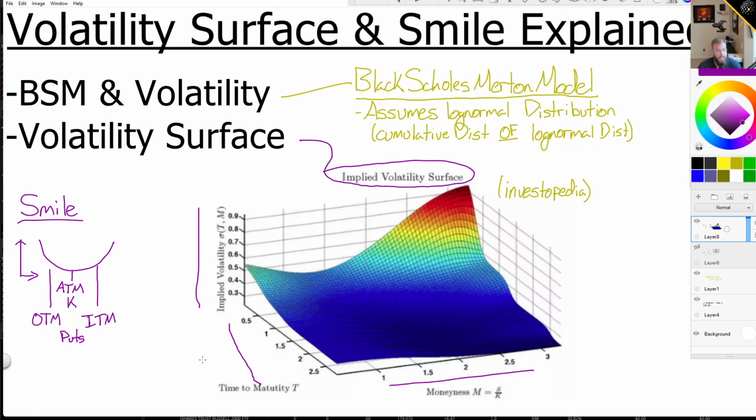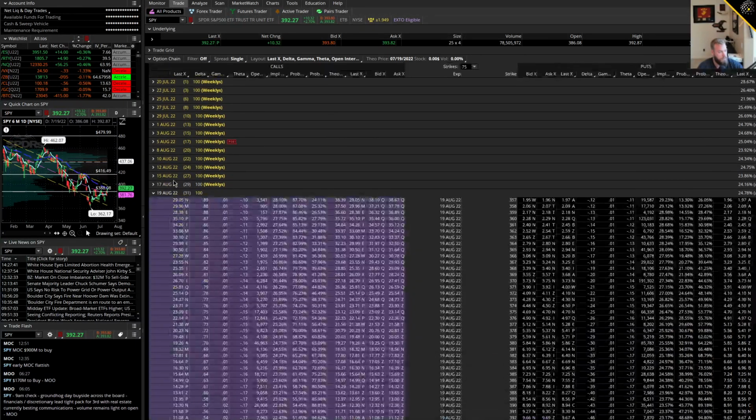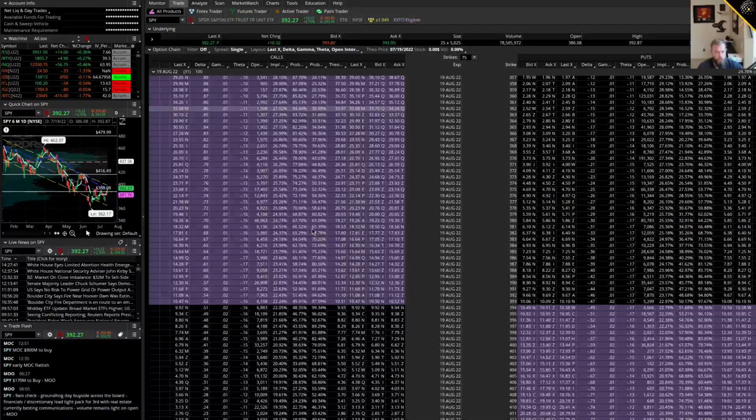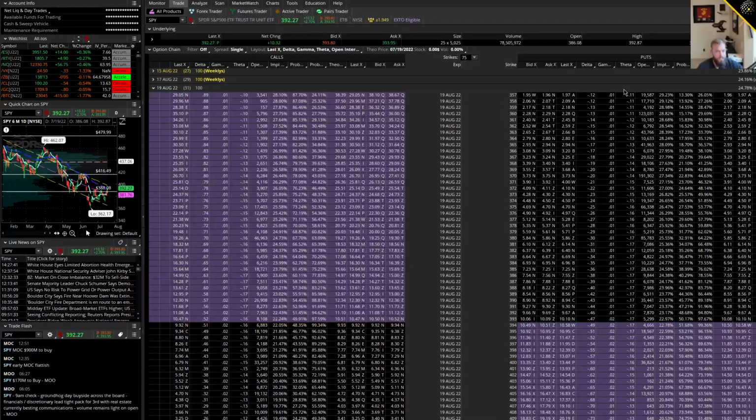What happens is if we open up the trading platform and we take a look at, let's pick this options chain. So this is in the SPY, and I'm looking at the 19 August 31 options chains. I want you to notice something. If I take a look at this column right here on the put side, this is implied volatility.